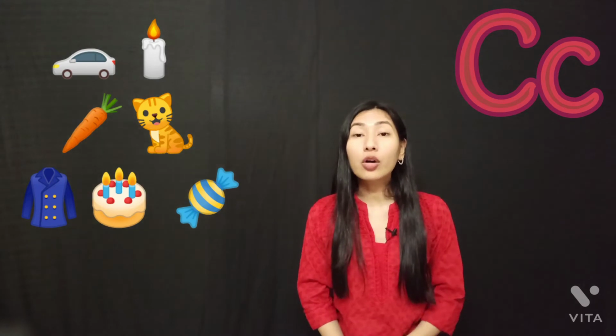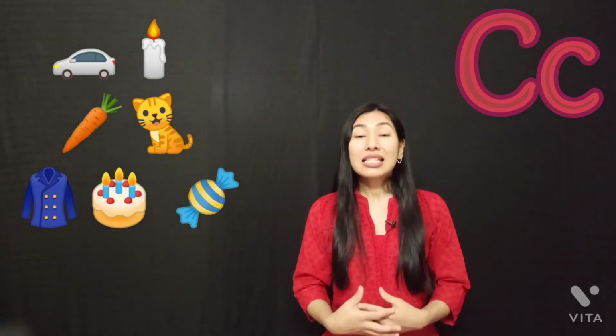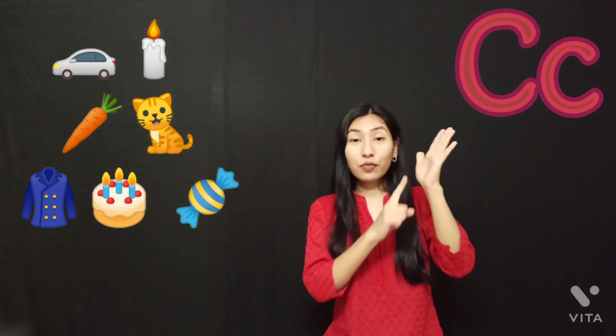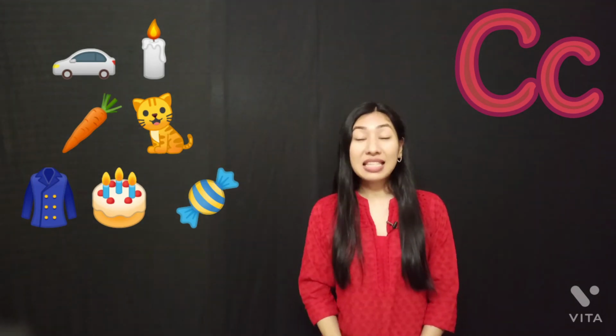So now I want you to learn one more thing, another song which you have to follow up with me. C is for car. C is for candle. C is for carrot.